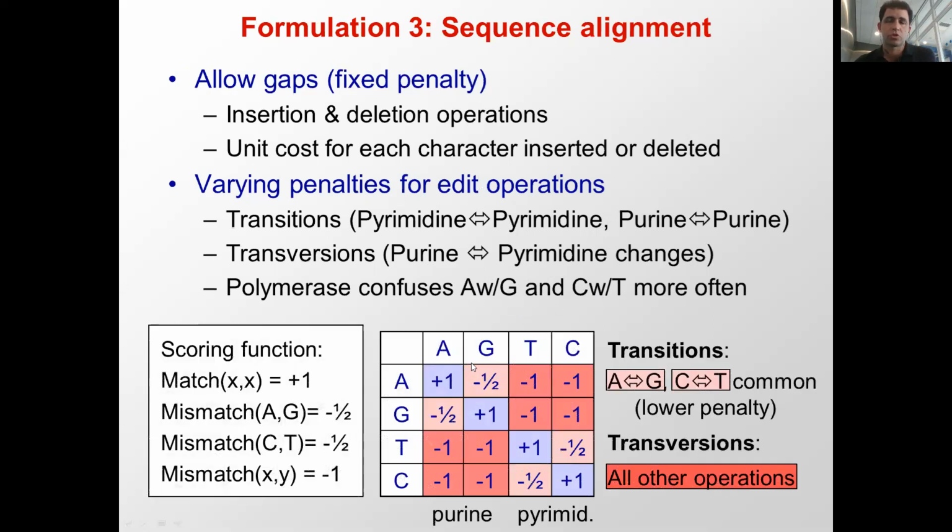So we can translate that into a scoring function that will have a penalty for a mismatch, which is the same whether you go from A to G, G to A, C to T, or T to C, but is higher if you change an A into a C or a T, and similarly a G to a C or a T, and vice versa. And then, of course, the matches are all the same strength. So you get a +1 for every match, and then -1 for transversions, and then -1/2 for transitions.